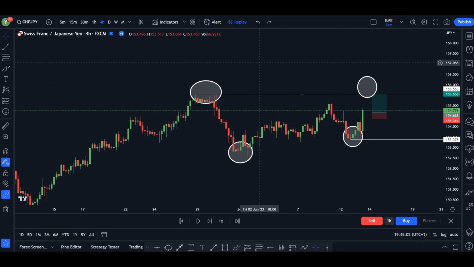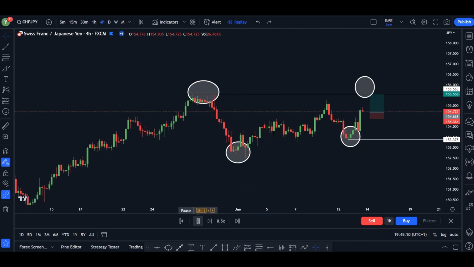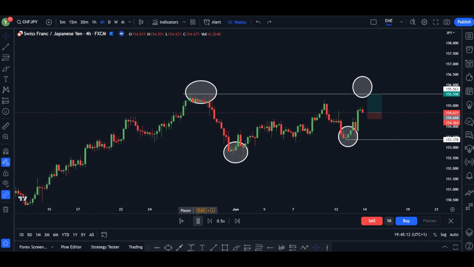So if we play our replay here to see how price approached this level, you see that the market was more like stalling around this level, and for me here, this zone was like a zone of liquidity where I was anticipating some strong buys to kick into the market.